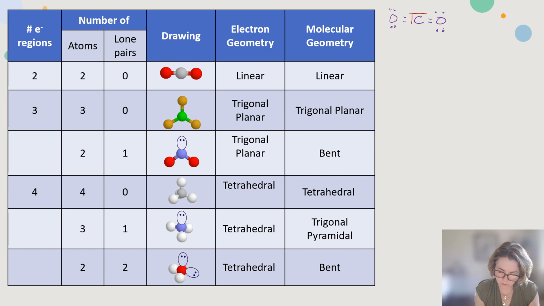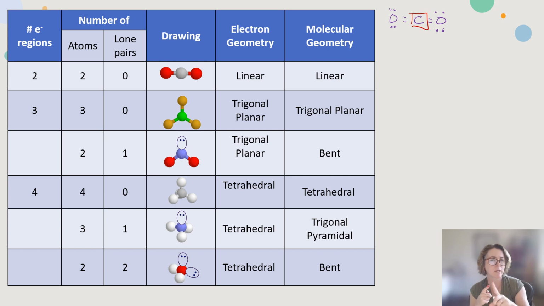central atom, so I'm just going to go ahead and draw a box around my carbon. And then what I want to do is investigate and find the number of electron regions around that central atom. Remember that single bonds, double bonds, triple bonds, and lone pairs all count as one region.